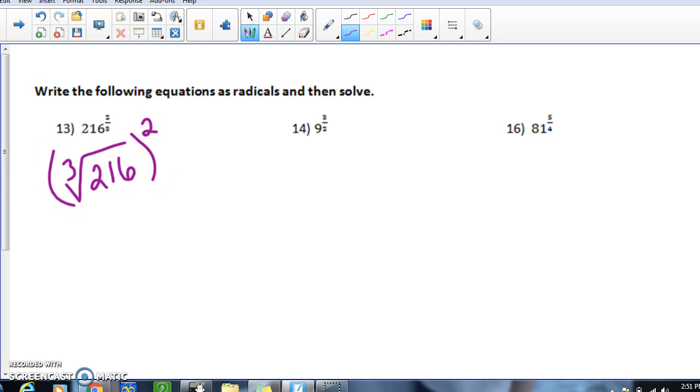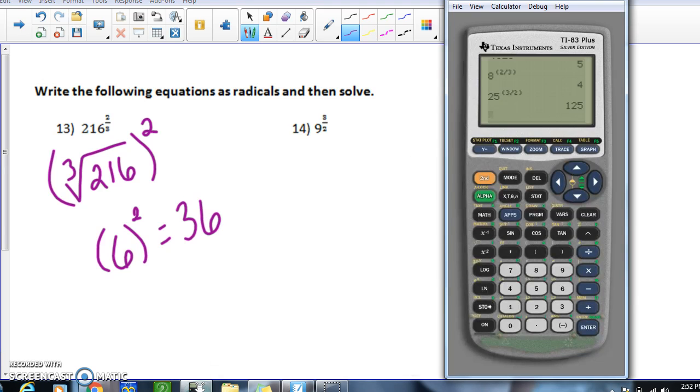So the third root of 216, you are more than welcome to use your blue sheet. The third root of 216 is 6. And then if I square that answer, that gives me 36. And like I said, you can confirm this right now on your calculator. So you can try 216 to the 2/3. Should give me 36. Okay?